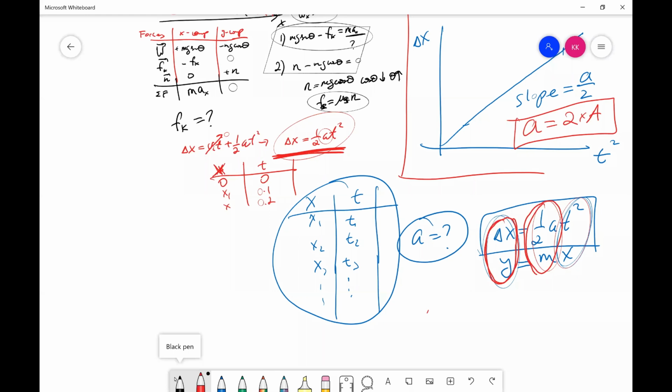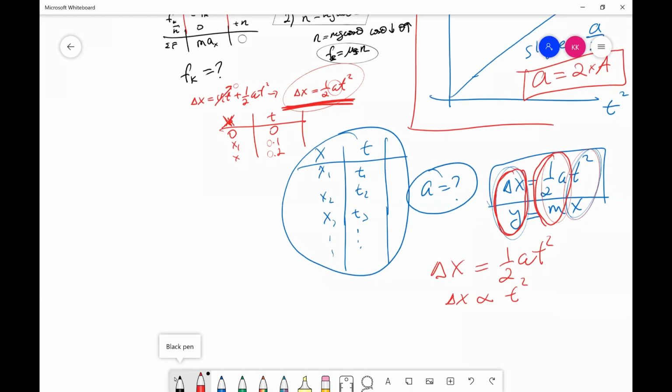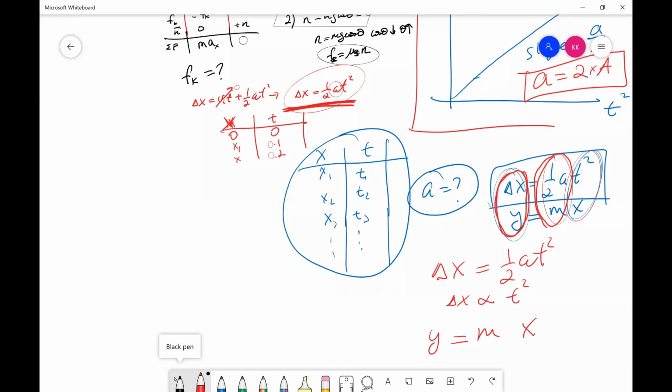That's why our equation was delta x equals 1/2 acceleration times t squared, and we could see delta x was directly proportional to t squared. So if I'm plotting y equals m times x, where delta x is the y-axis and t squared is the x-axis, then the proportionality, this 1/2, which is technically a constant, is going to be your slope.